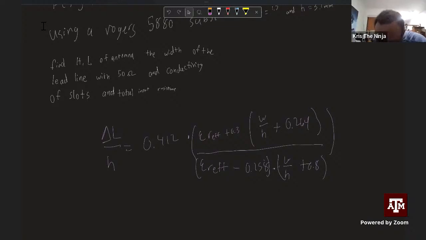Does the W over H plus 0.8 need to be in parentheses as well? Yeah, it does. So it looks just like this on the formula sheet, with a closed parenthesis after the 0.3 on top. Yep, that's it.